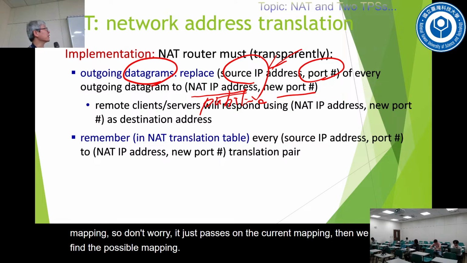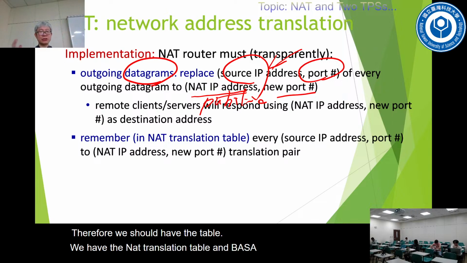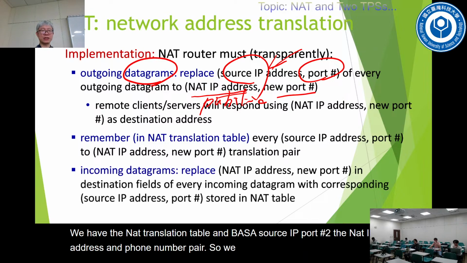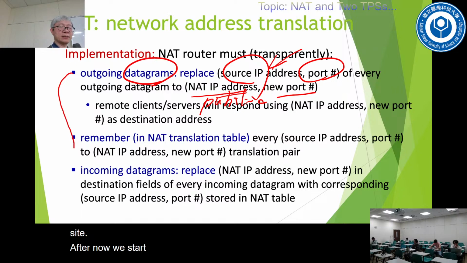We should have the table, the NAT translation table, which maps the source IP and port number to the NAT IP address and port number pair, so we can have the translation for each side. Up to now, we start from outgoing to the table.